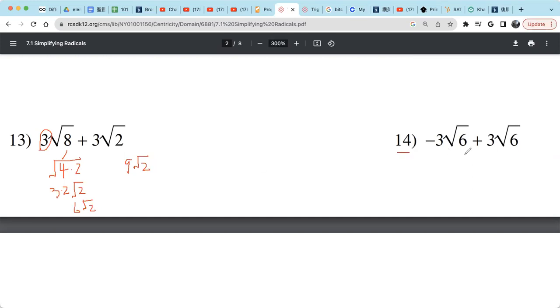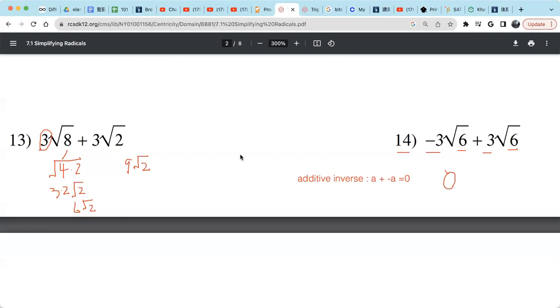Let's see 14. On 14, we don't have to do anything, right? We have radical 6, we have radical 6, we have like radicals. But one is negative 3, one is positive 3, so they cancel to 0. And we call this kind of numbers additive inverse. What does it mean? It means A plus negative A equals 0.